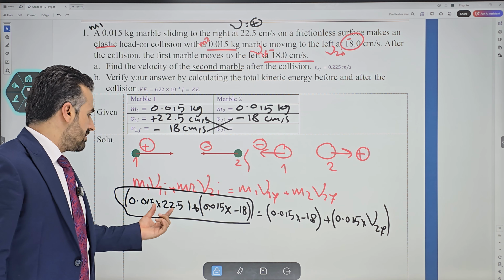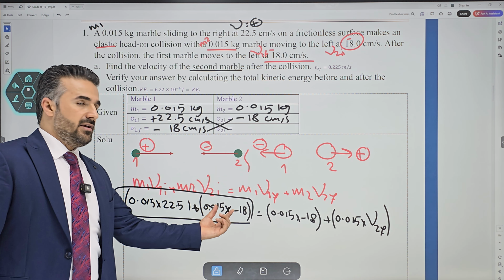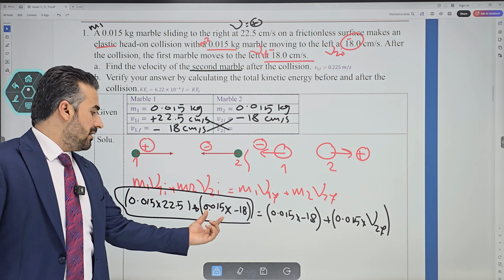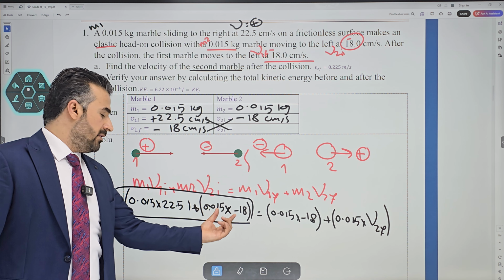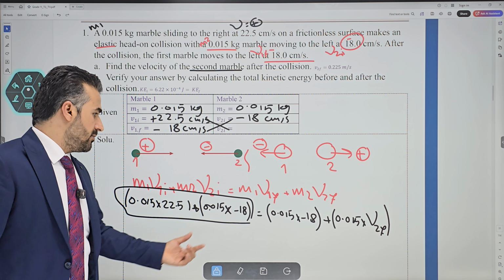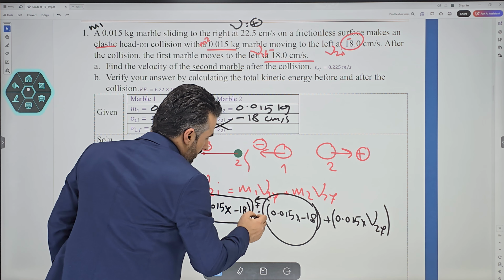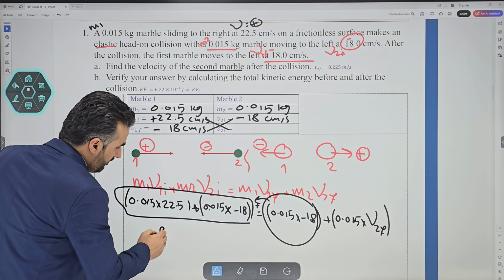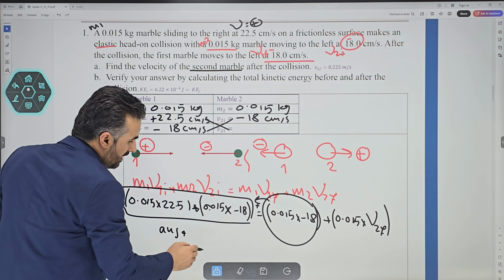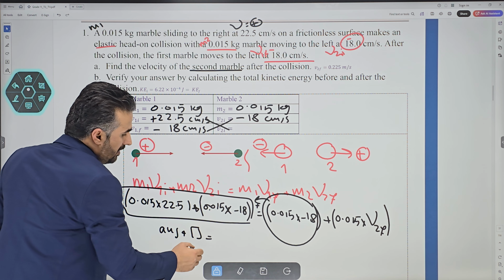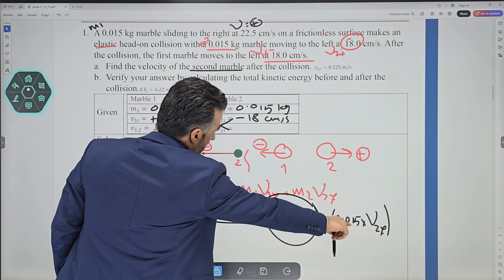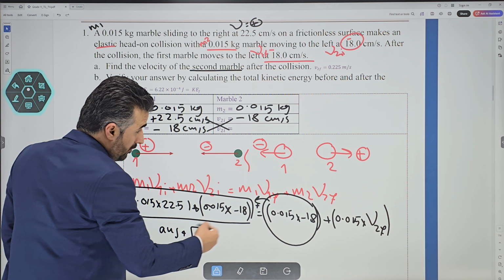So multiply this, minus the product of this. This is also negative. Whatever the result of this, you can say the answer plus that. And then whatever the answer is, you'll just divide by 0.015.